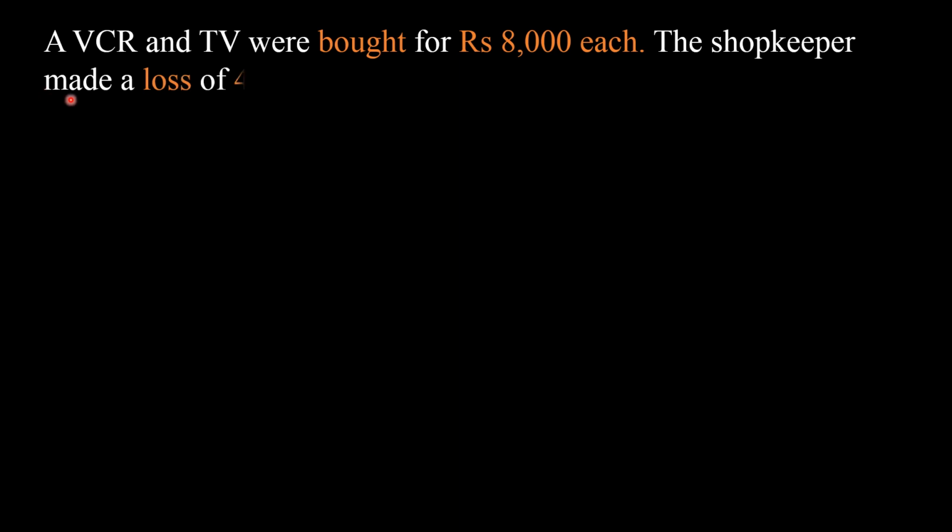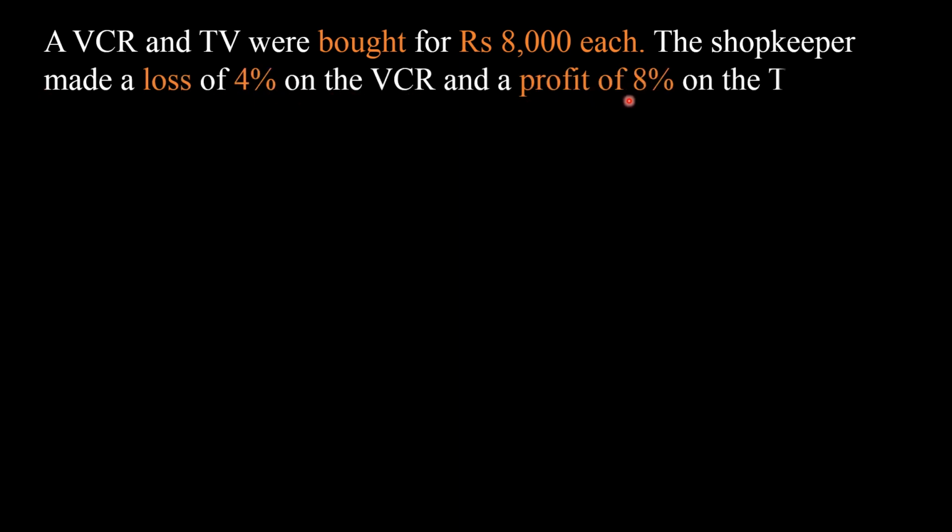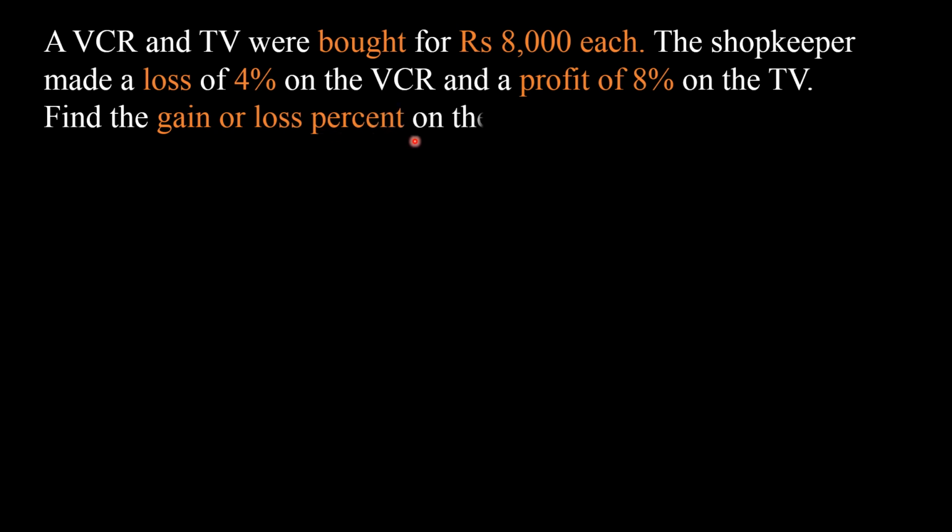A VCR and TV were bought for rupees 8,000 each. The shopkeeper made a loss of 4% on the VCR and a profit of 8% on the TV. Find the gain or loss percent on the whole transaction.